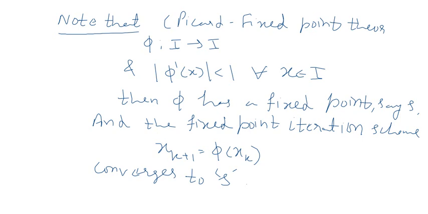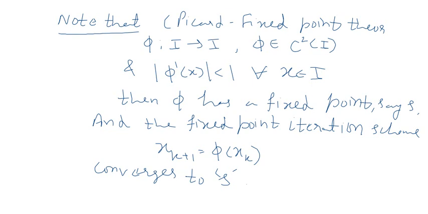Phi belongs to C1 of I, meaning a continuously differentiable function, whose first derivative is continuous, then phi has a fixed point. So what does this theorem suggest to us?